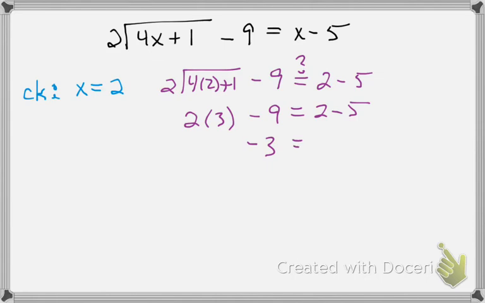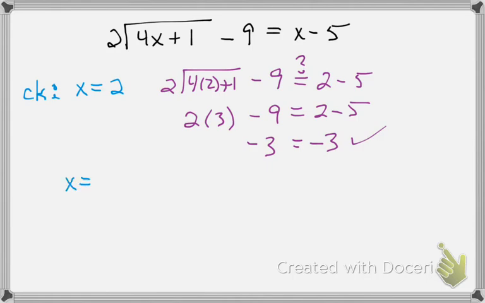Negative 3. 2 minus 5? Negative 3. So it worked. What worked? 2. You're going to laugh, but that's a dumb mistake that people make. Then they'll go and put negative 3 in their solution set. But what were we checking? 2. Pro tip, don't.